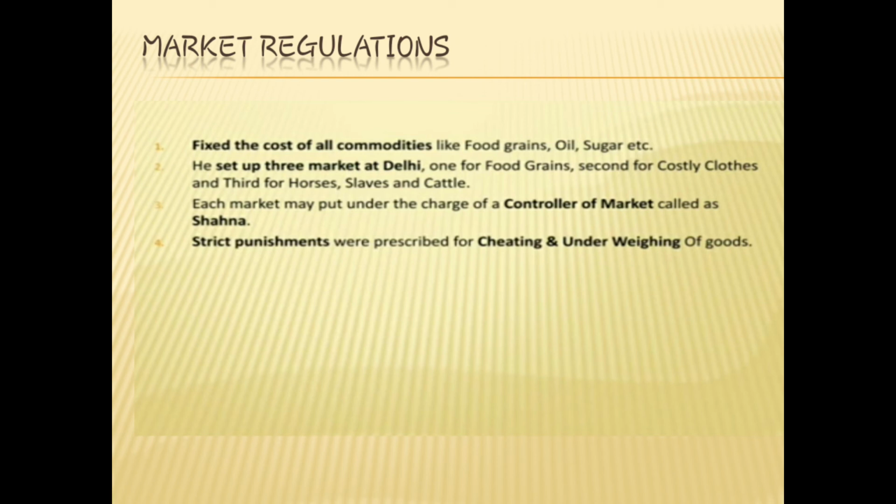Now, Alauddin, who was always wary of a rebellion from the masses, did everything in his capacity to curb any kind of rebellion. He was the first ruler of Delhi who started the concept of a permanent standing army.